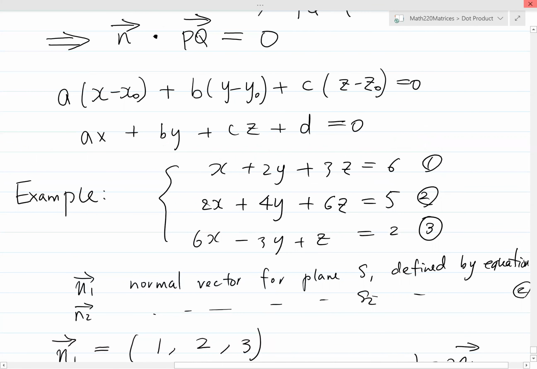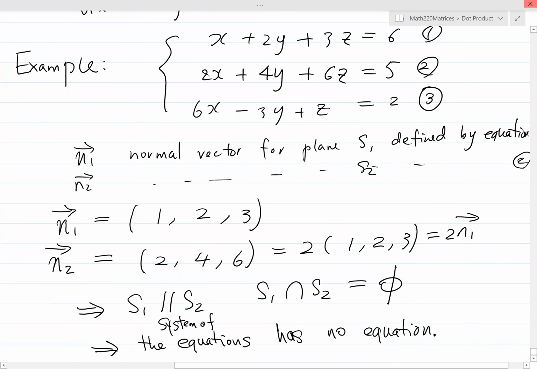They do not coincide. If they coincided, we would just delete one as redundant. So in this case they are parallel and not coincident.